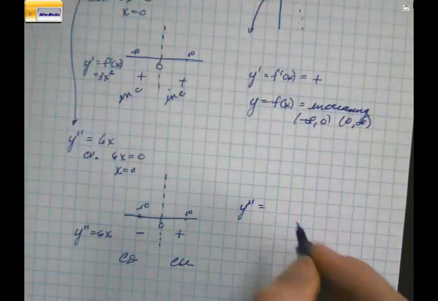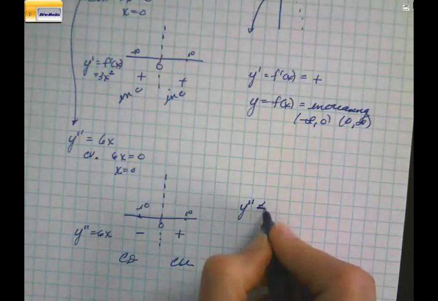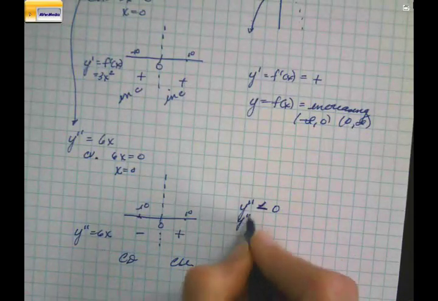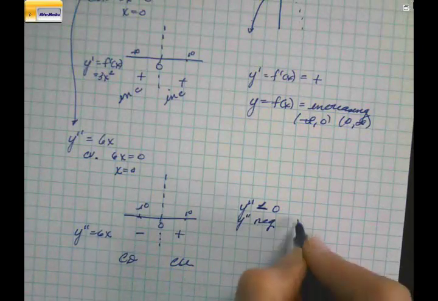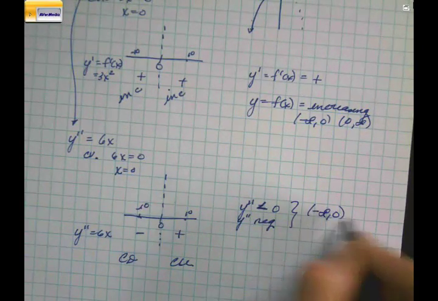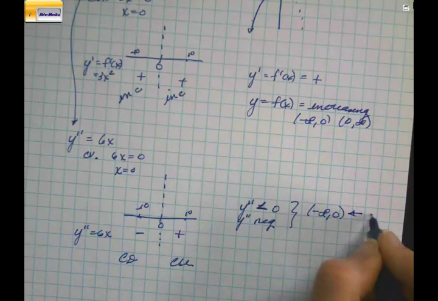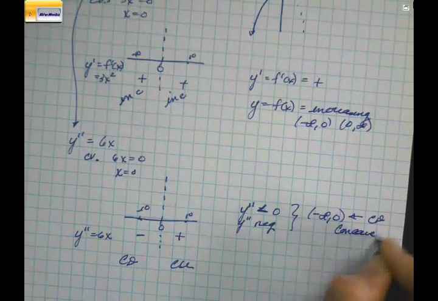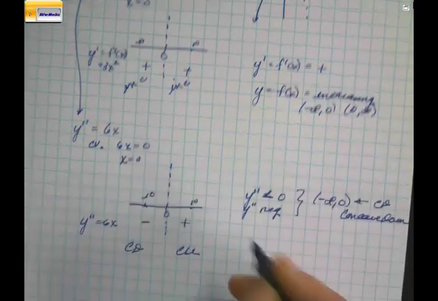And the second derivative is less than 0, or negative, from negative infinity to 0, which is where it is concave down.